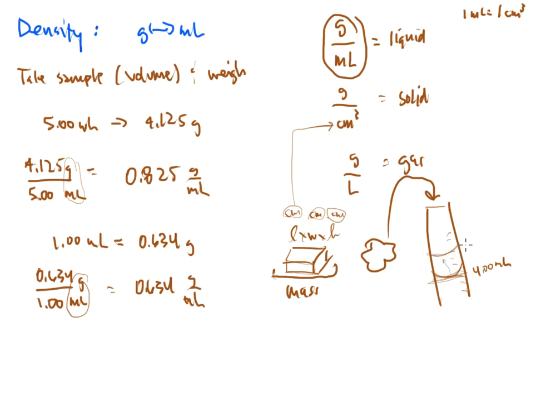And this is what we would call the displacement. So let's say it goes to 6 mL now instead of 4. This is what we would call the displacement, but this is also the volume, the amount of space that this object takes up. So we would weigh the clump, and then we would do a volume displacement in order to measure the volume. You would then take the mass of it in grams, divide it by the volume from the displacement, and you would calculate density that way as well.